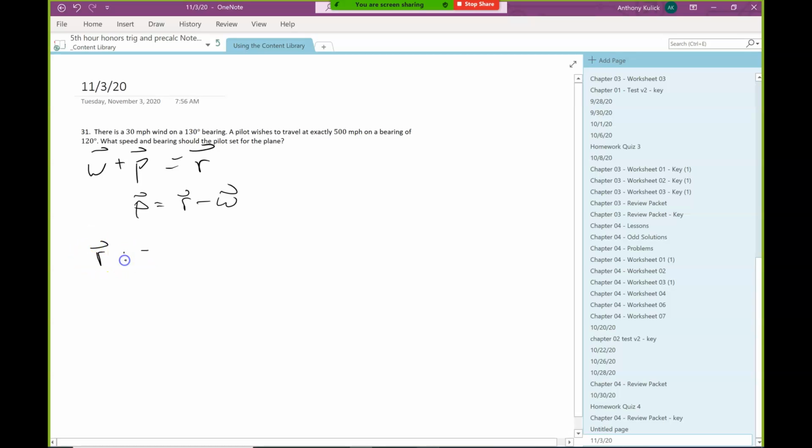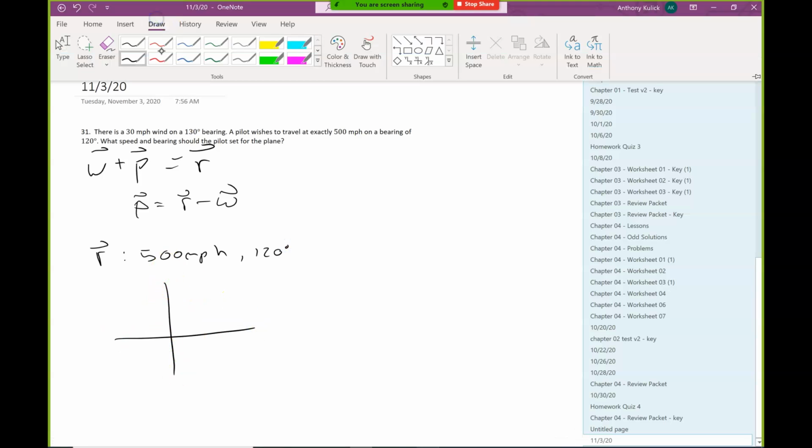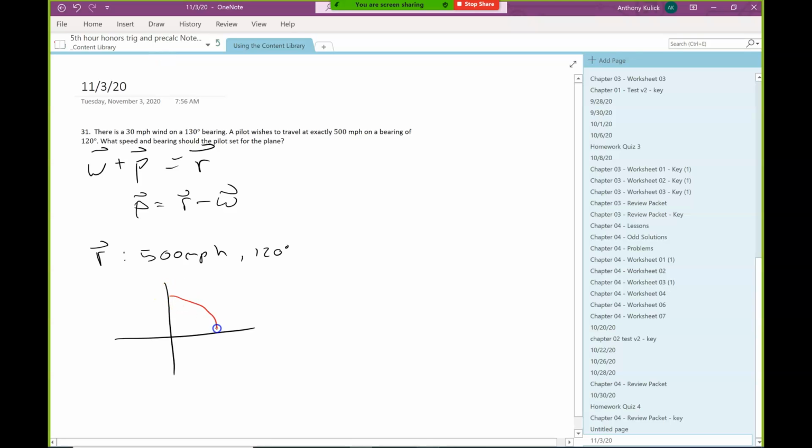So my resultant is 500 miles per hour at 120-degree bearing. If I draw that 120-degree angle, we're down here, 90, and then 30 more makes 120 total. And then it is 90, 90, 90, and then 60 more to make 330.